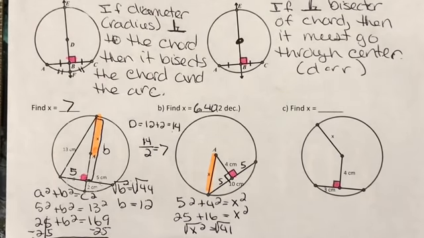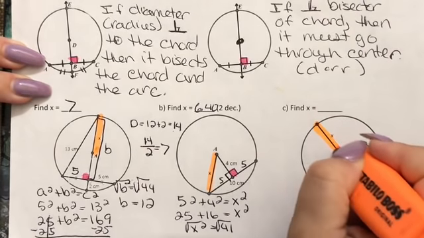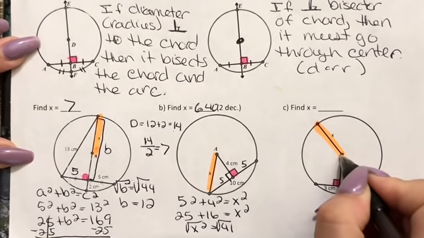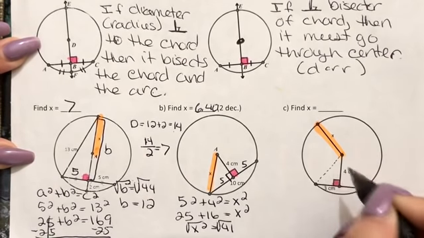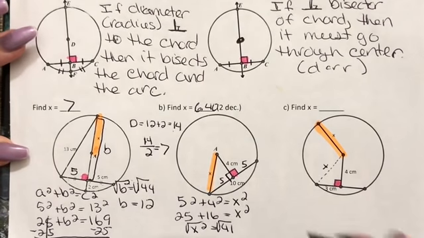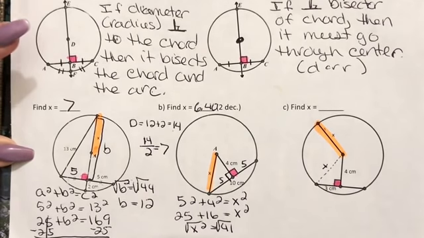Last but not least, this is asking me to solve for x, which happens to be the radius. I've been given a particular set of information. So here you want to get a little creative. This is also the radius. So if I solve for that piece, I will also be solving for that piece. So again, I have a right triangle.